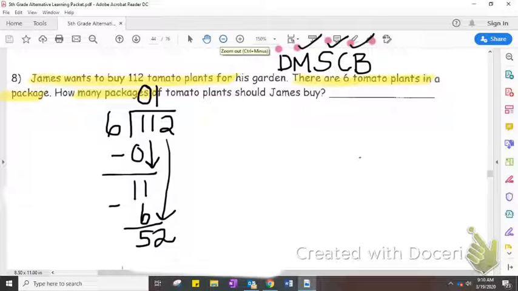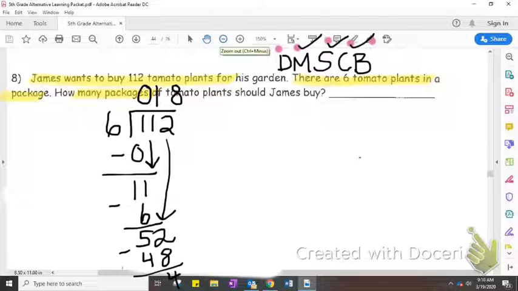Alright, so I did not do my count bys, but that would have helped me here. So if you want to do your count bys off to the side, you can. 8 times 6 gets me close without going over, because 8 times 6 is 48. And I'm left with a remainder of 4.